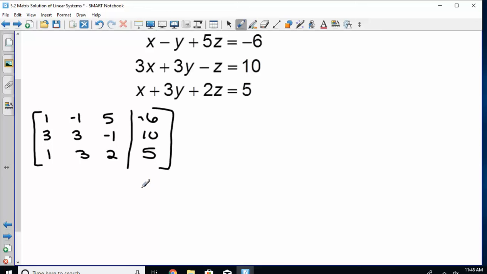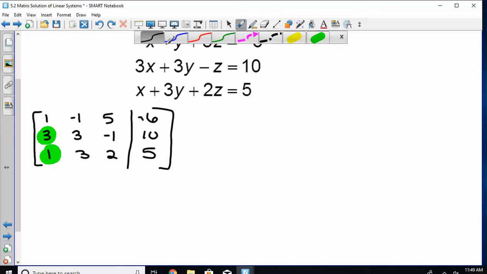Next, what do I need to do? The first step is to get a 1 in row 1, column 1, but it's there, so I can skip that. So then we need both of these numbers to be 0.